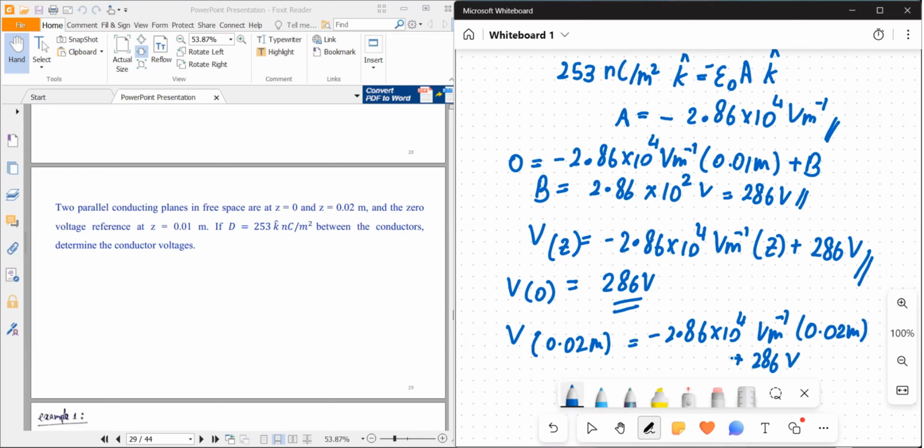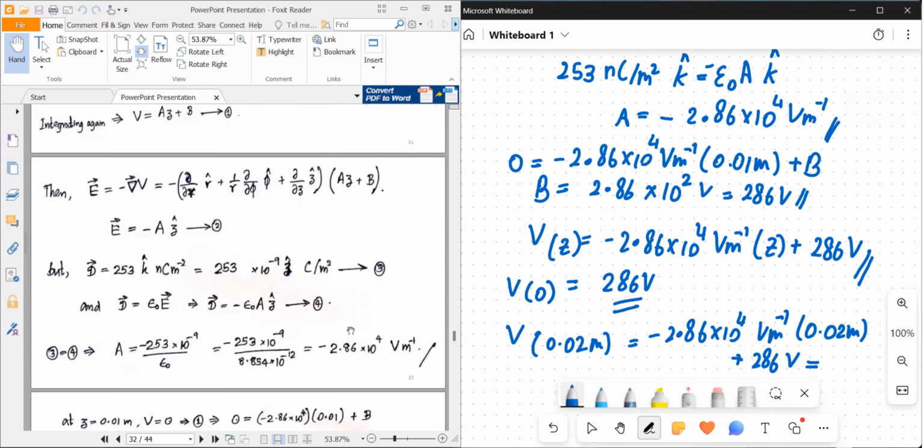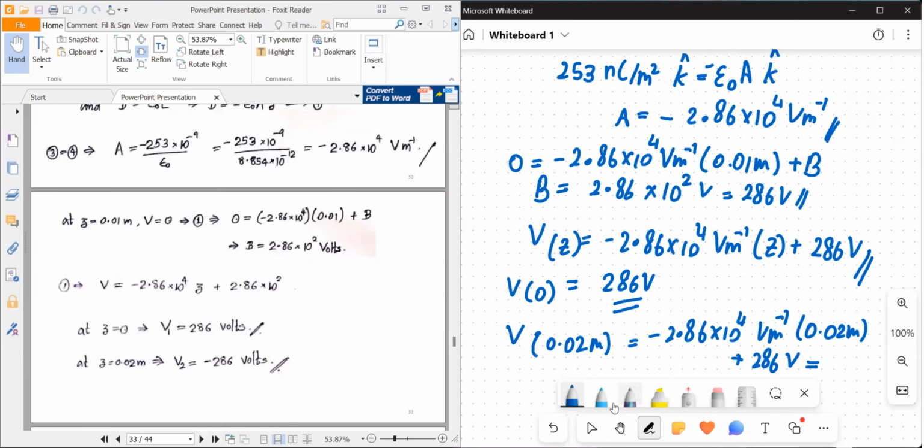So calculate this value and let me know the answer here. So that value should be minus 286 volts. Check whether you are getting that value.